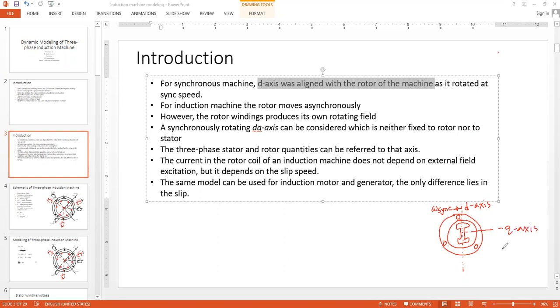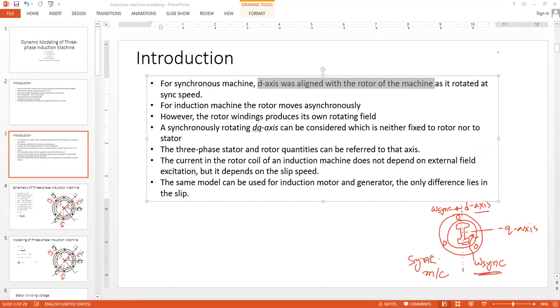So in steady state, the rotor would rotate at synchronous speed, omega synchronous. Because the d-axis was aligned along the rotor axis, the d-axis was also rotating at omega synchronous. This was in case of the synchronous machine.